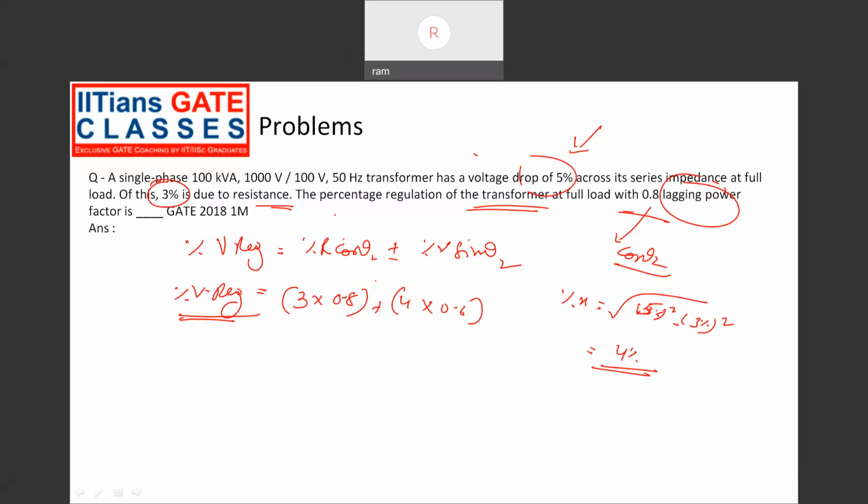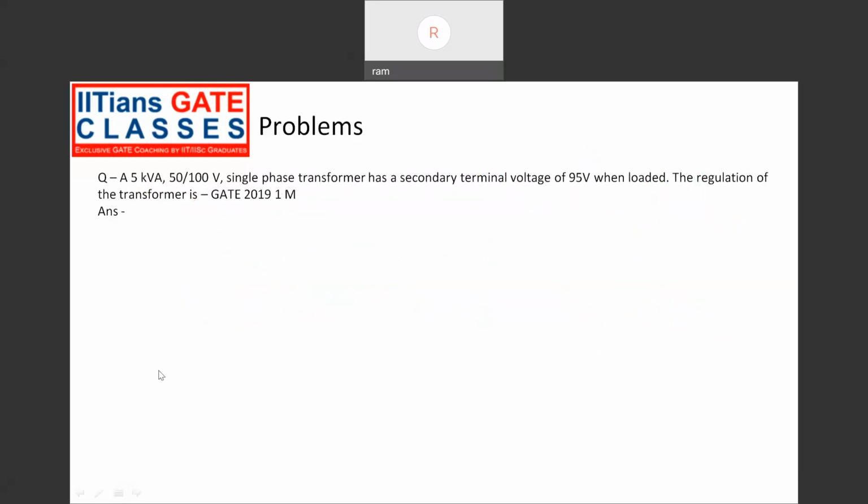We will go to the next question. So here, a 2019 one mark question.